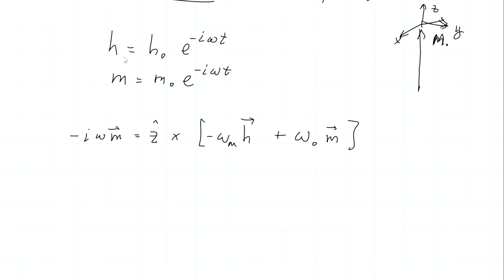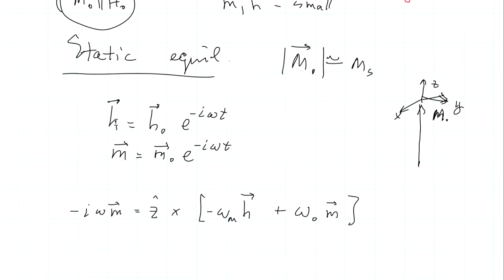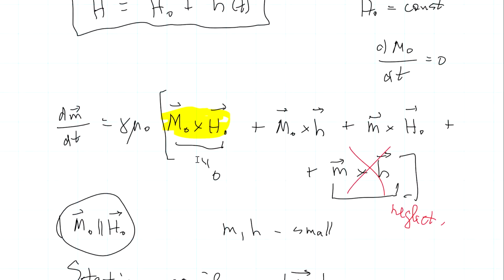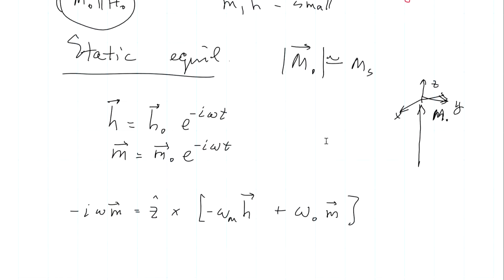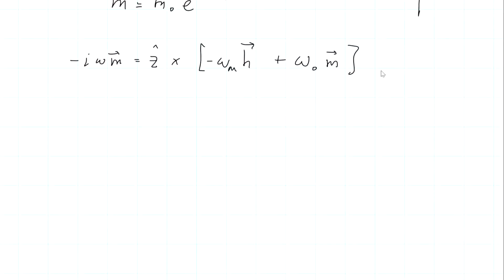And substituting this would mean that this is a vector, this is a vector, of course. If you substitute these two H and M time dependencies in this form into this equation without the first and the last terms, just these two terms, you should get something like this, where I introduced omega M equal to minus gamma mu naught ms and omega naught equal to minus gamma mu naught h naught.